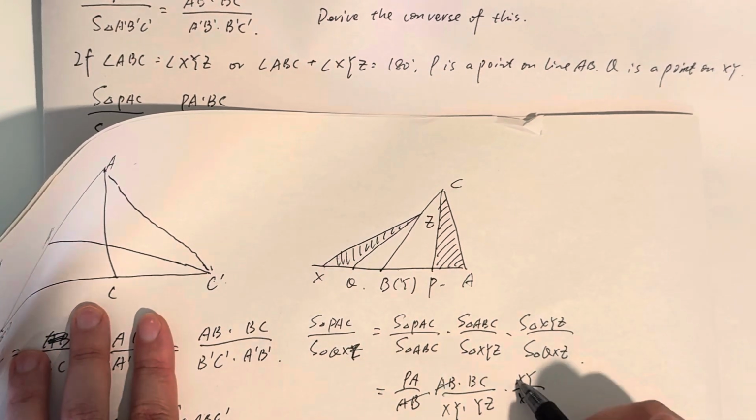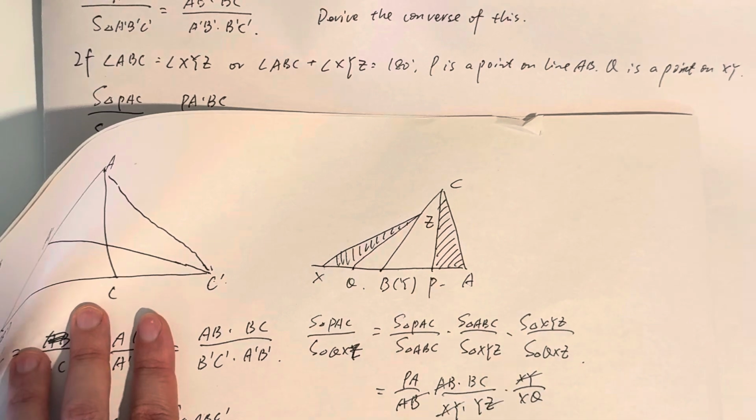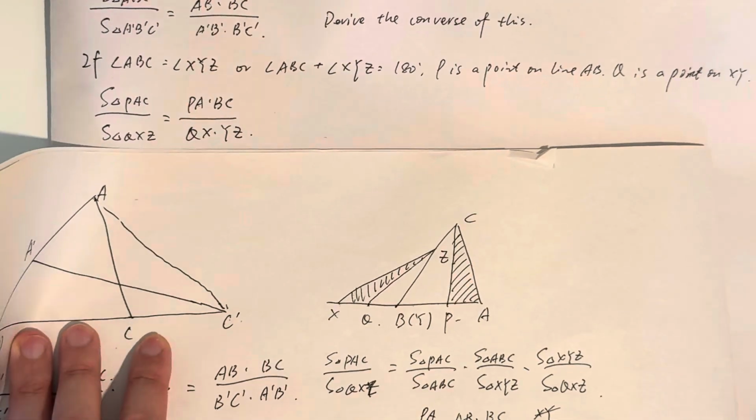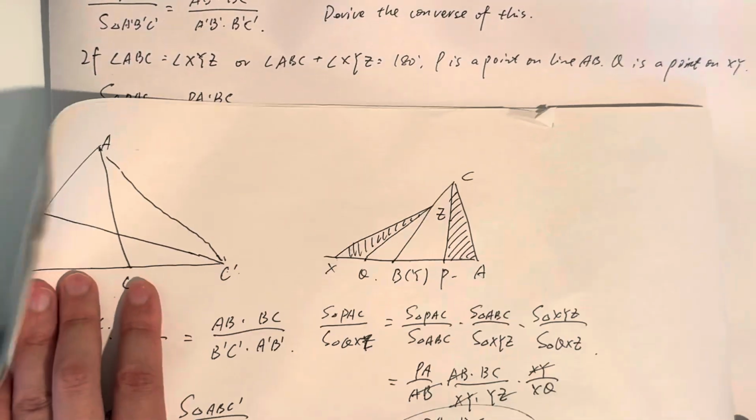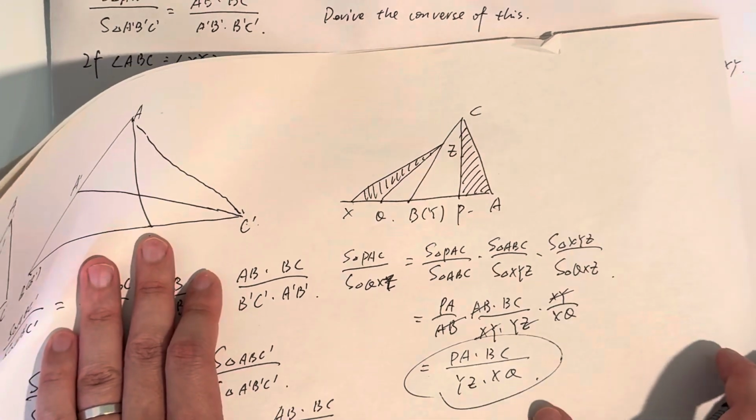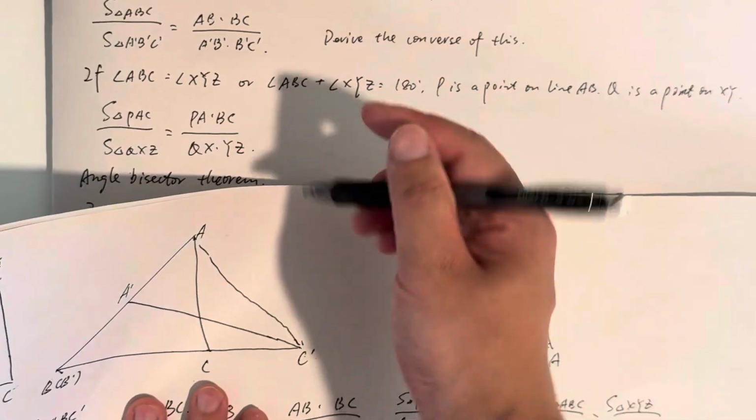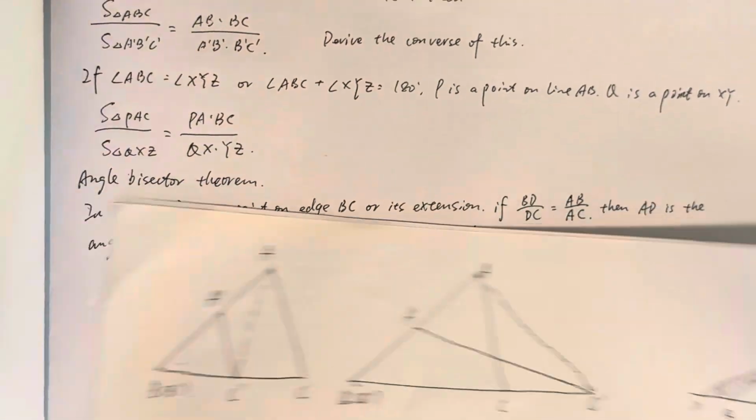So it equals PA times BC to YZ times XQ, okay? So you can look at this one, and here, this one. We just proved it, right?